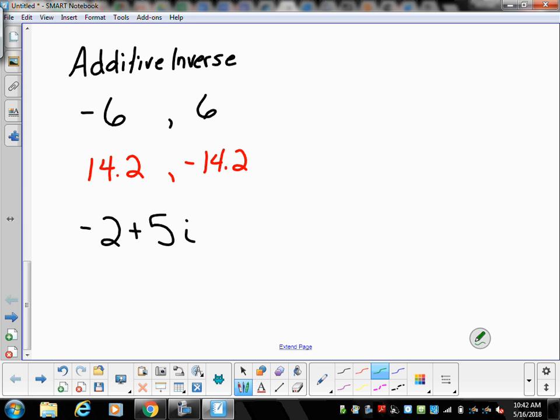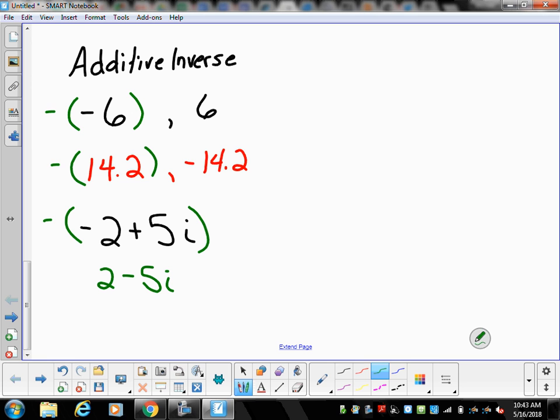To get the additive inverse of -6, we took the negative, the opposite, like somebody said, which gave us positive. To get the additive inverse of this one, we take the negative, and what happens when you take the negative of this? It just changes the sign on each term.